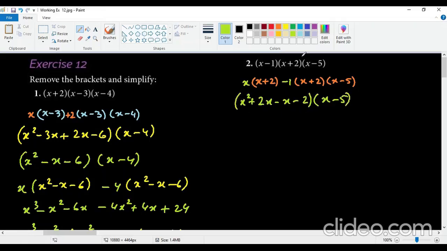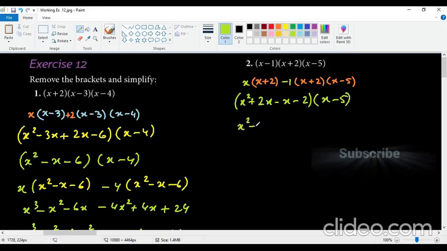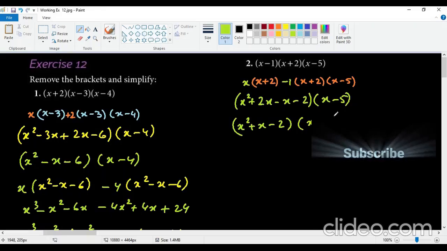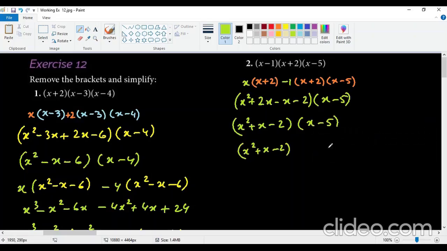Now what we can do is we simplify the bracket within itself. So it's going to give you plus x minus 2 in one bracket and another bracket x minus 5. So x square plus x minus 2 is going to be multiplied two times.